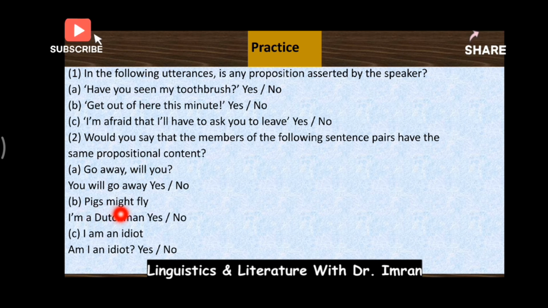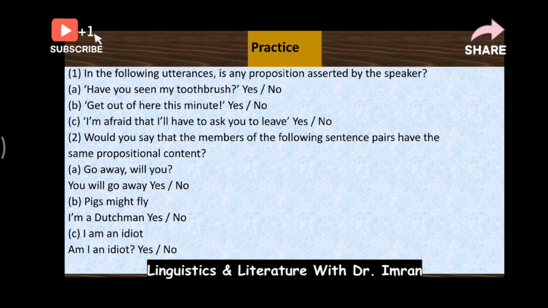"Pigs might fly" and "I am a Dutchman." Here we have two different propositions. Both are declarative, but we have two different propositions. And "I am an idiot" and "Am I an idiot?" So in the third case, in C, we have the same proposition.